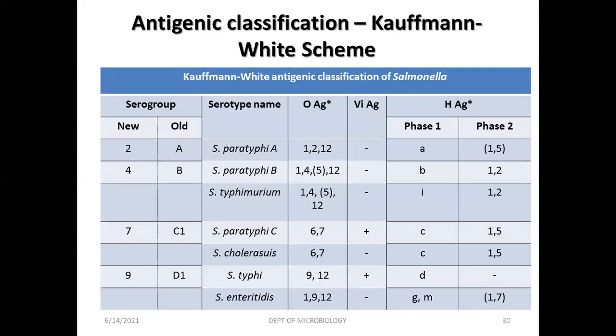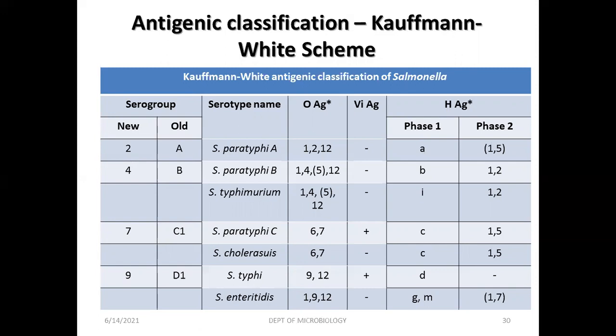This is the Kauffmann-White classification or Kauffmann-White scheme of antigen classification. The classification within the genus is based on the presence of different somatic O and flagellar H antigens, which can be detected by agglutination with the respective antisera. Salmonella are initially classified into serogroups based on O antigen. Earlier, the serogroups were named as A, B, C, and so on.